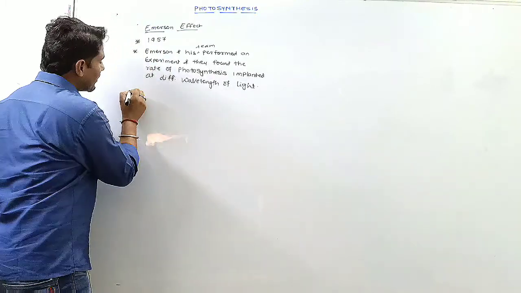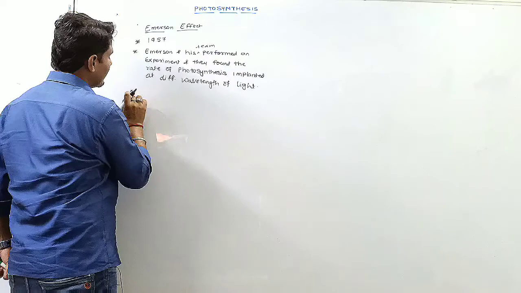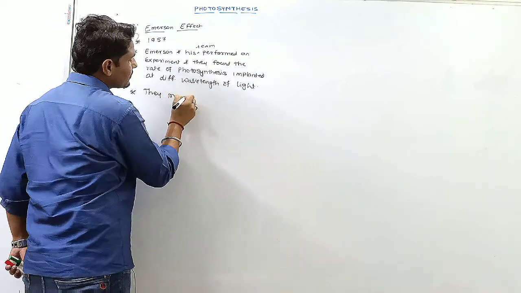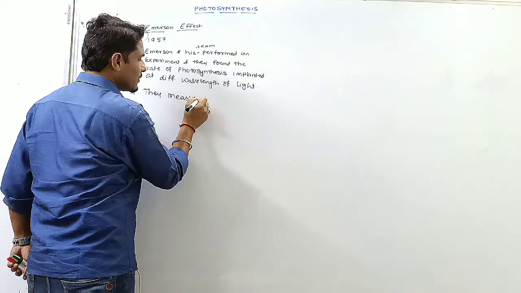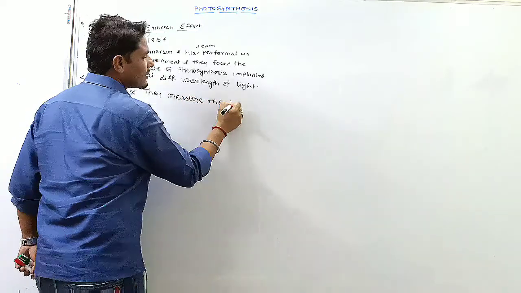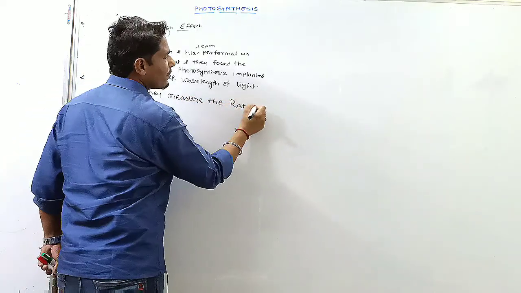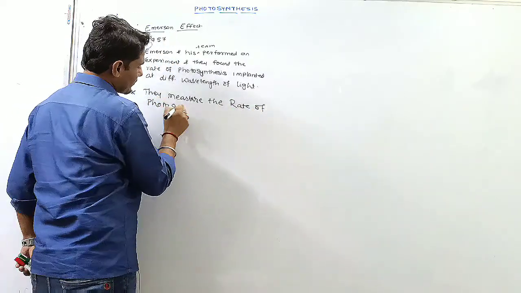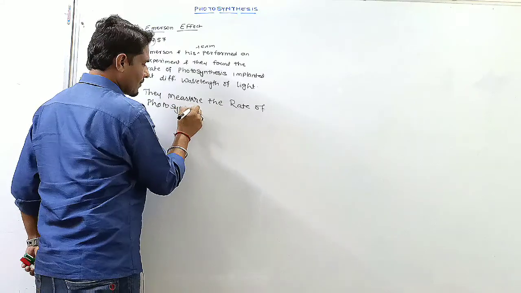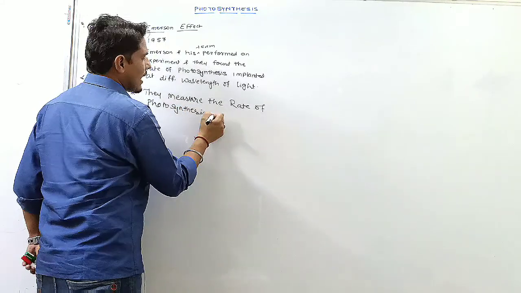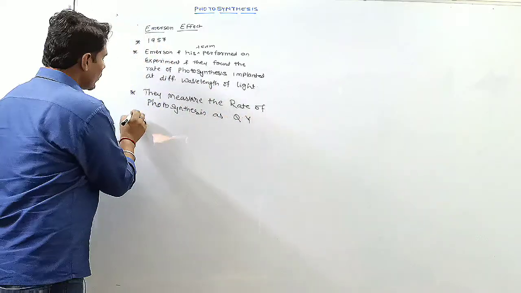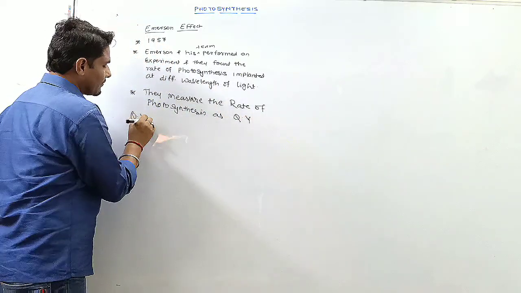Emerson and his team measured the rate of photosynthesis as quantum yield. So what is quantum yield?